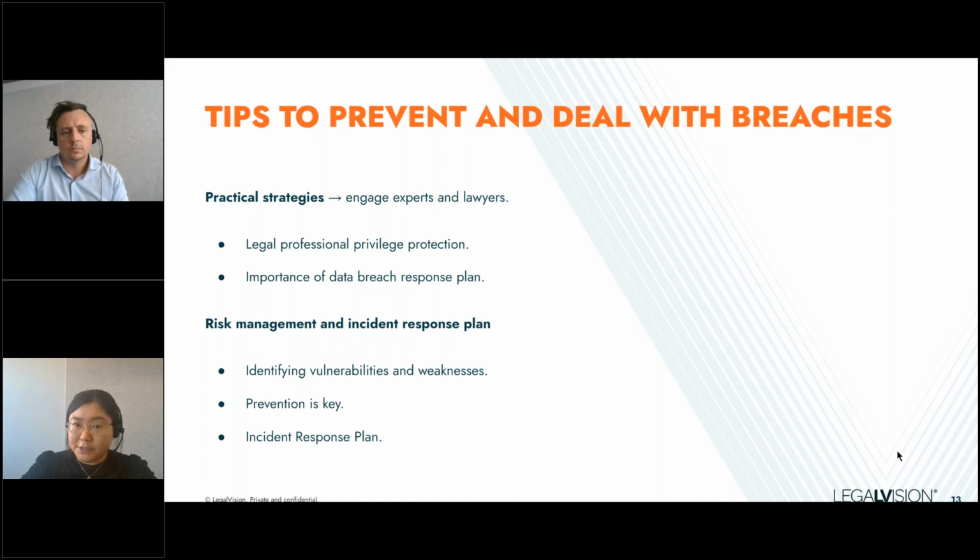Also engage an experienced cybersecurity expert to investigate the cause of the unauthorized access. In the process, we strongly recommend that you communicate through your lawyers when you're communicating with your cybersecurity experts. There are reasons for doing this, and not many clients are aware of this. Communicating through your lawyers can be protected under legal professional privilege.